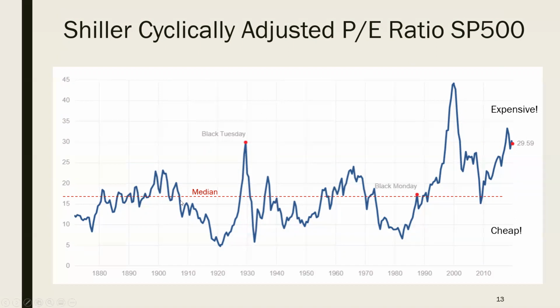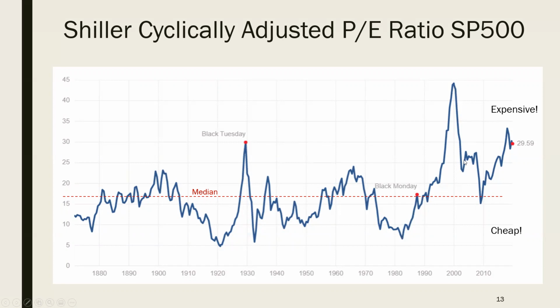Now, there are times when it gets a bit out of kilter and the PE ratio is extraordinarily high, like nearly 45 here, and then, of course, the market crashes. So investors watch this. The time to buy shares is when the market is down, prices are cheap, and the PEs are low, not when PEs are high.